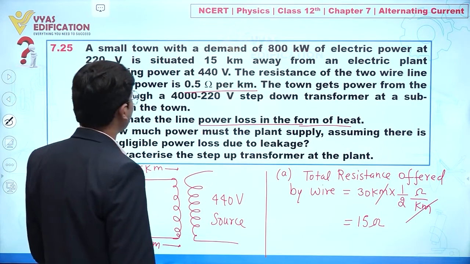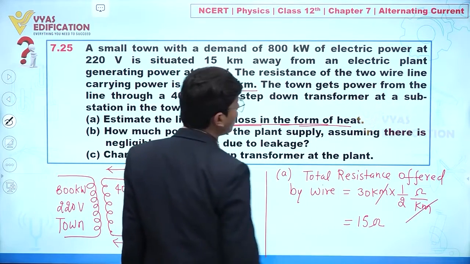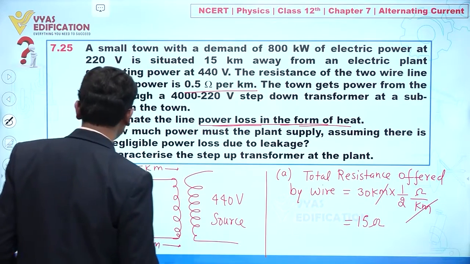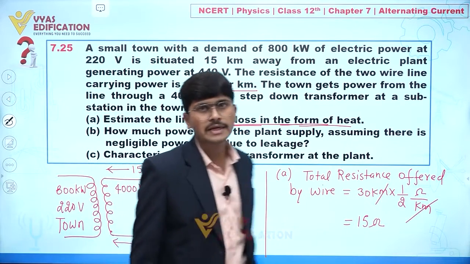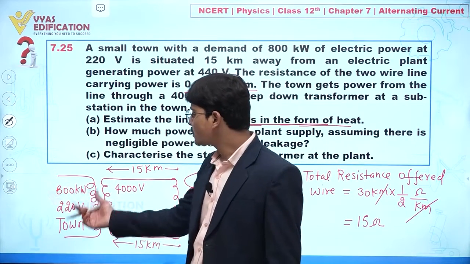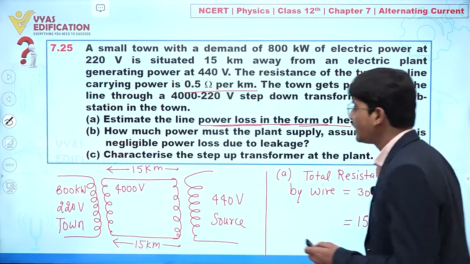Now our objective is to find the power loss in the form of heat. What is the output power that we needed? This is 800 kilowatt. Can we find the current flowing in this situation? Yes, we can find IRMS.